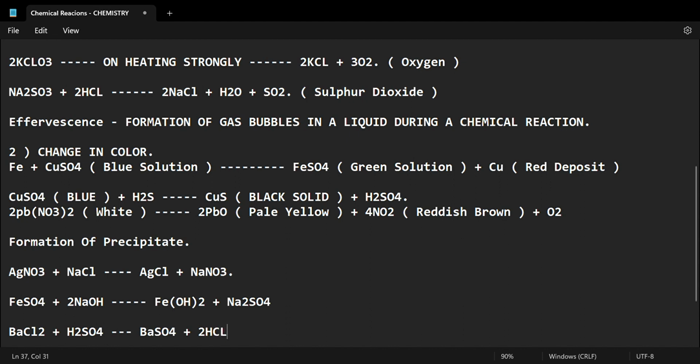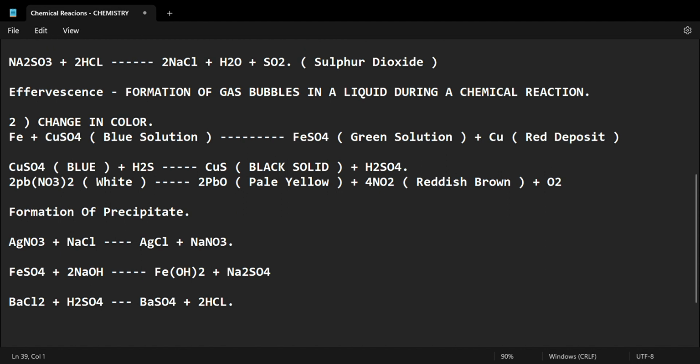Okay, so this is the third and the last formula. Now what is the fourth one? Oh wait, change in color, formation of precipitate, it is the third one.